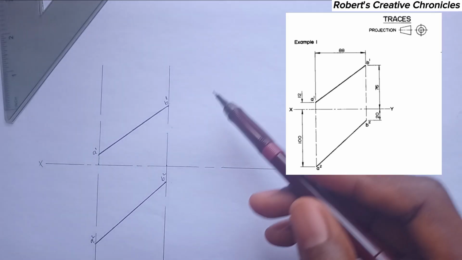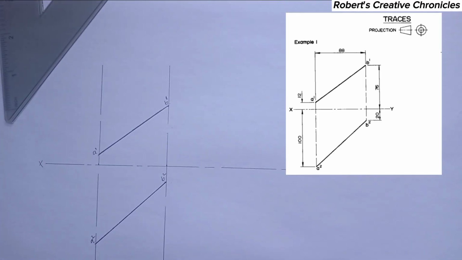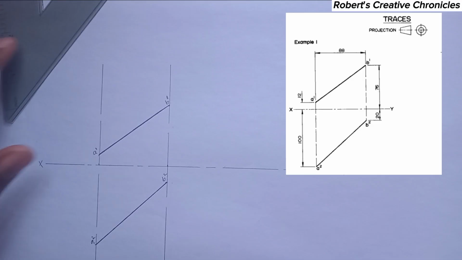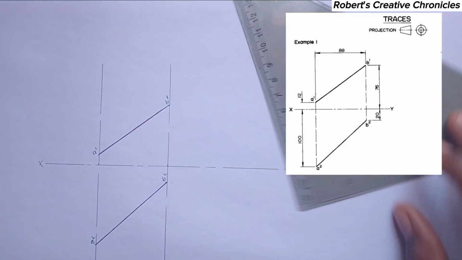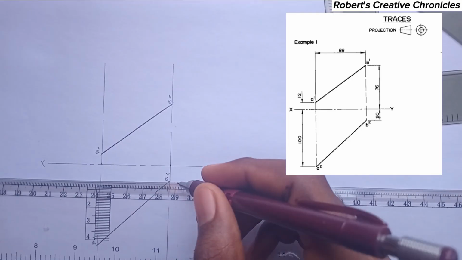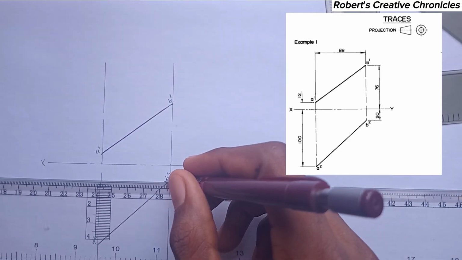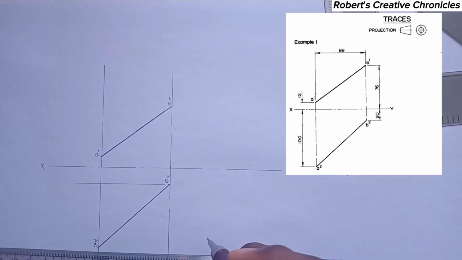Since this is first angle projection, now we'll project this and we'll project this.